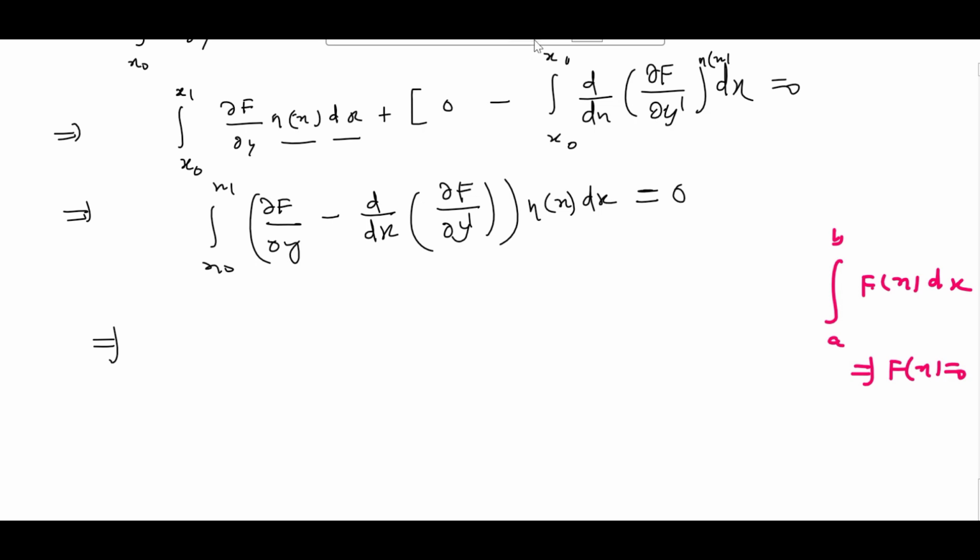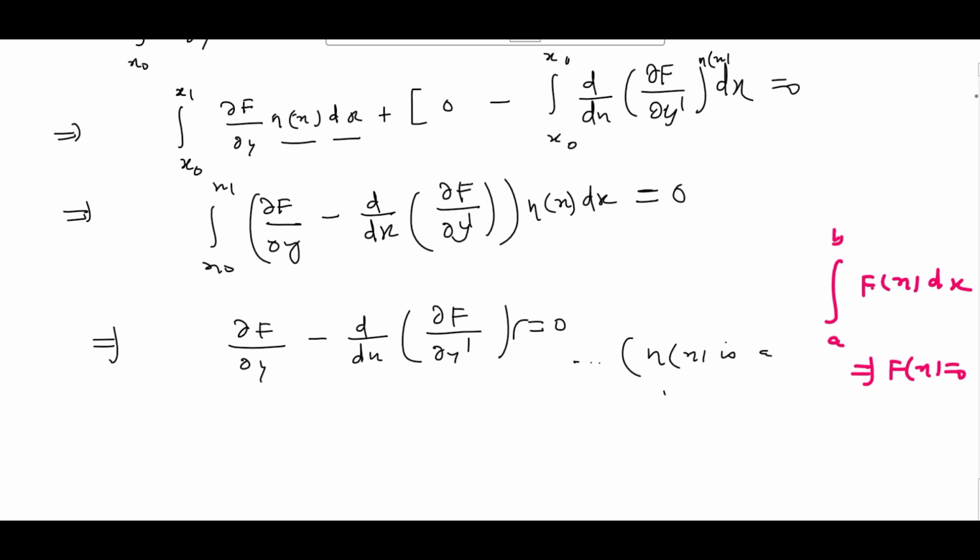So by using that we can write del f over del y negative d over dx of del f over del y dash has to be 0, since eta of x is an arbitrary continuous differentiable function.